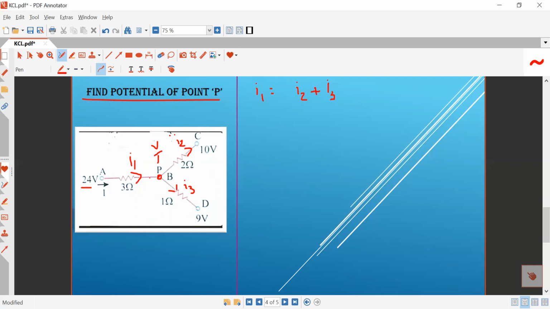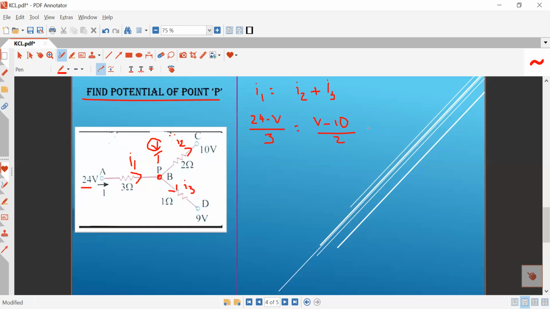So for this path, resistance is 3 ohm and potential difference is 24 minus V. So the current will be 24 minus V, potential difference, divided by the resistance of this path. Similarly, what will be the value of current I2? The current I2 will be the potential difference between P and C, which is V minus 10, divided by resistance, which is 2.